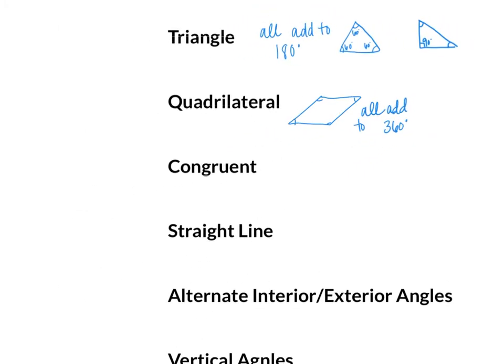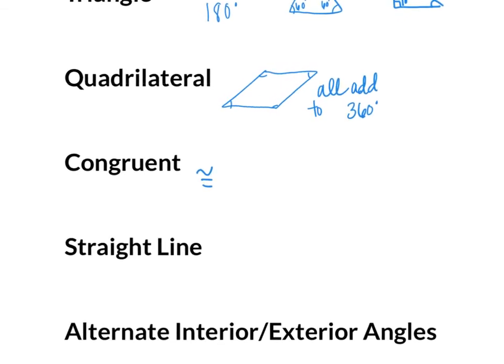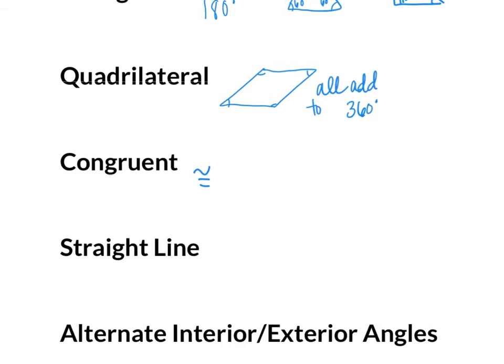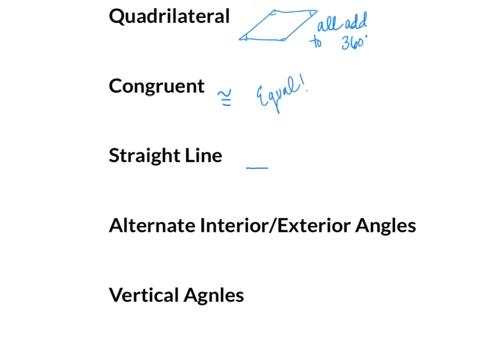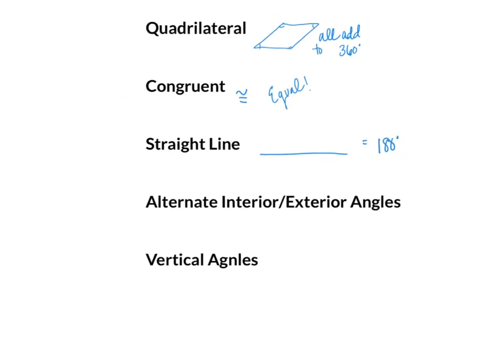Congruent, that's a sign we'll be using, but when something is congruent, that means that they have the same measurements, so it's pretty much equal in size, okay? A straight line, we talked about this earlier, but the measurement of the angle of a straight line is 180 degrees. So anytime something makes a straight line, it equals 180 degrees.